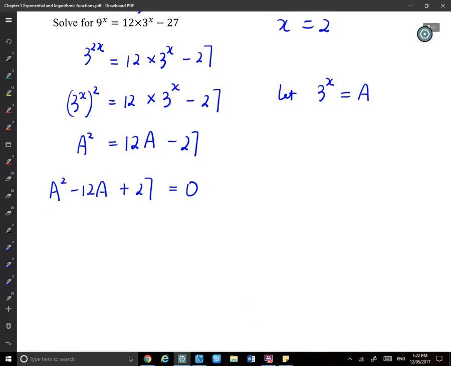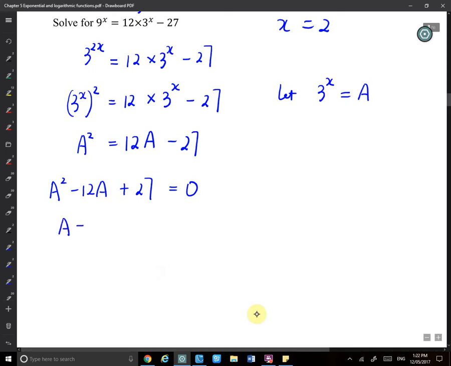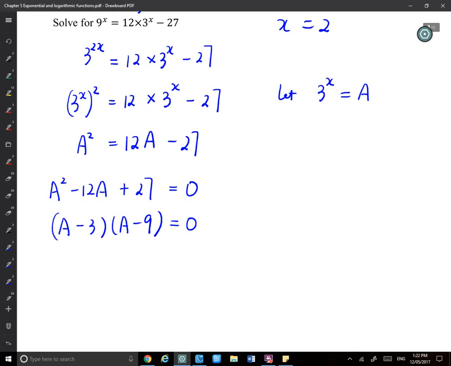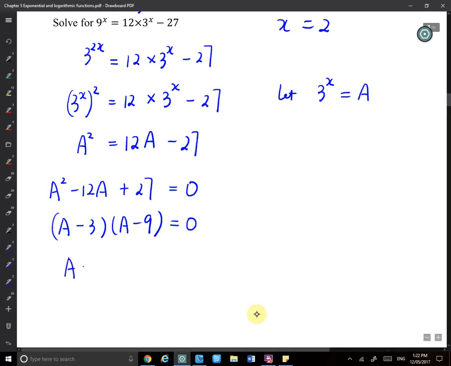I can solve the quadratic easily. So (A minus 3) times (A minus 9) equals 0. So A will be 3 or A will be 9.